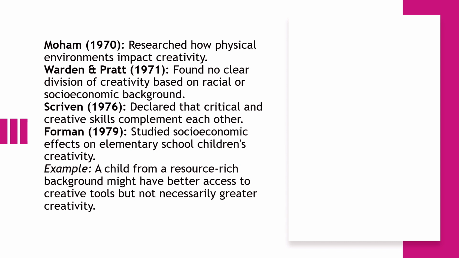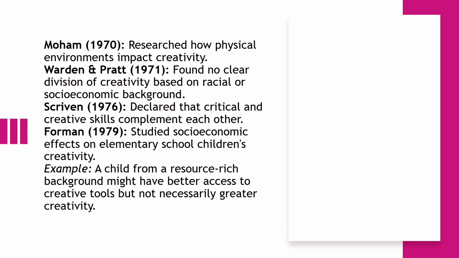So the more important thing happened in the 1970s. Moham researched how physical environments impact creativity. And in 1971, Warden and Pratt found no clear division of creativity based on racial or socio-economic background.